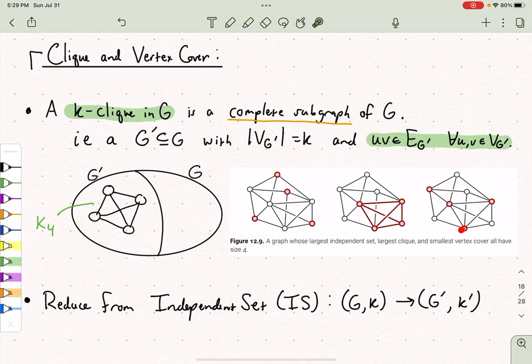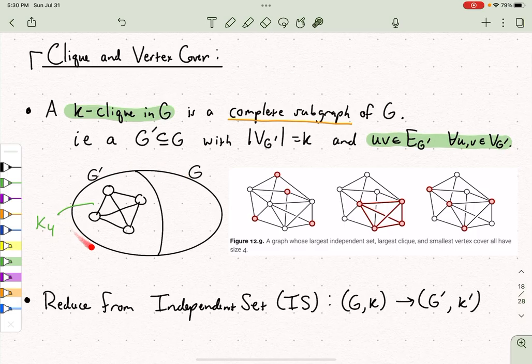Look at this edge, it's touching one of them, etc. And in this graph, the maximum size of an independent set and the maximum size of a clique are both 4, and the smallest vertex cover is also 4. So in this graph, we have all 3 of these structures, and they all happen to have the same size of 4. But maybe it's not a coincidence, and we're going to explore that.